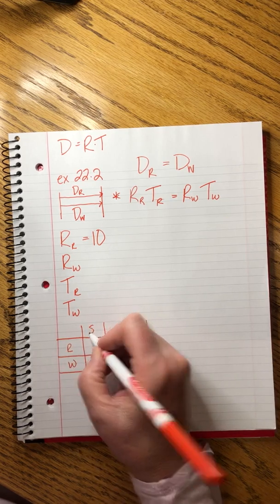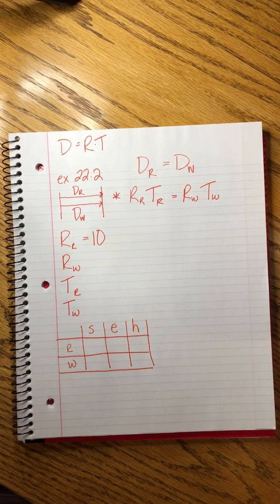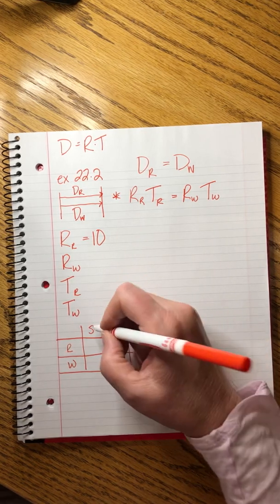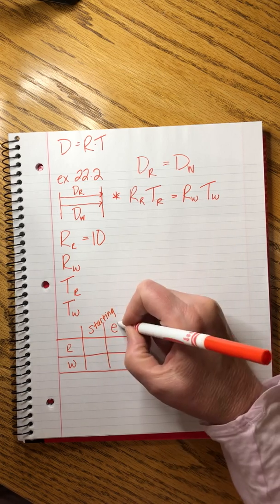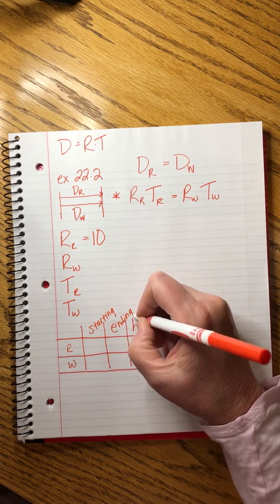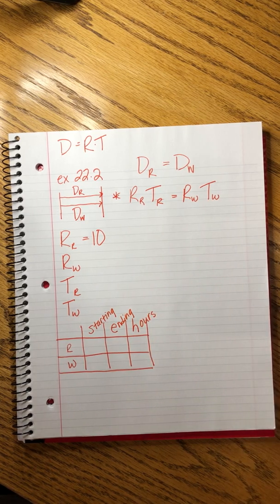We have a starting time, we have an ending time, and then we'll have the number of hours. I'm going to write that out for you this time, but we can use the abbreviation from here on in. No need to break our wrists over words in our math lessons.